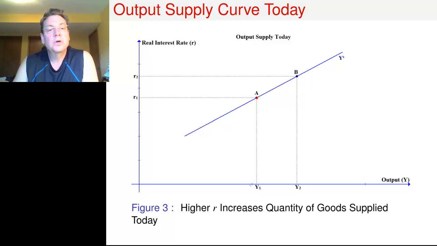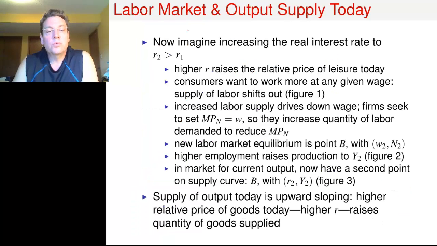Now, of course, what we're going to do is raise the interest rate to R2. We know that that's going to increase the relative price of leisure today. Consumers are going to want to work more, so that's going to cause the labor supply curve to shift out. This is going to drive down the wage.